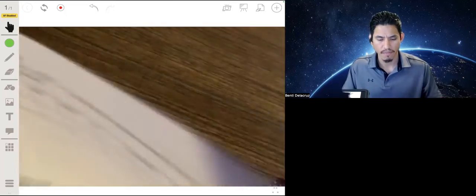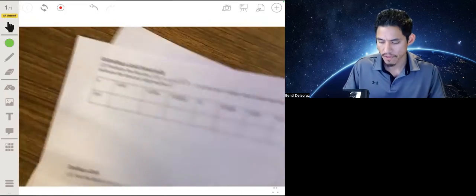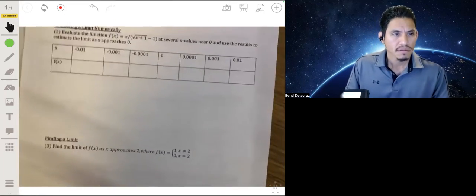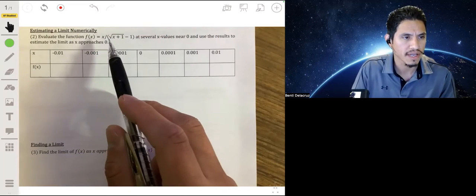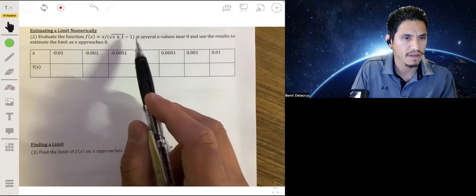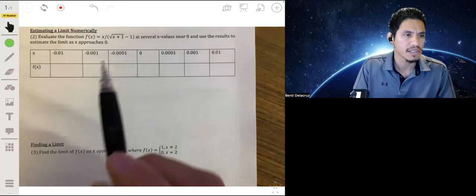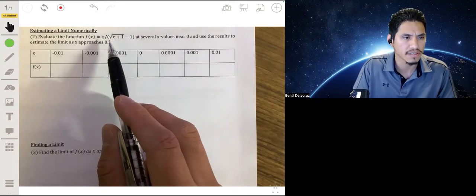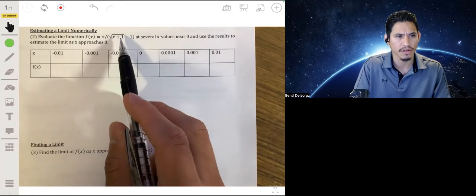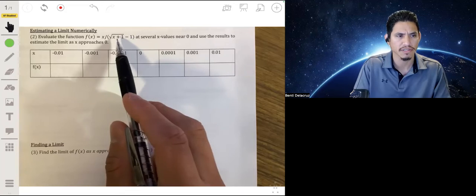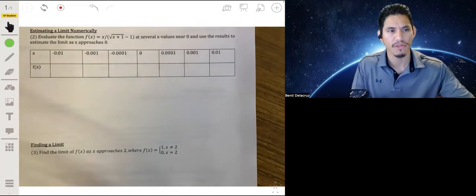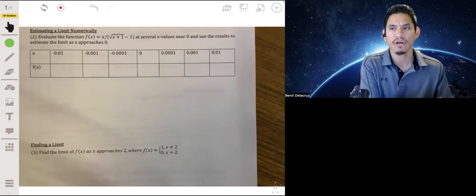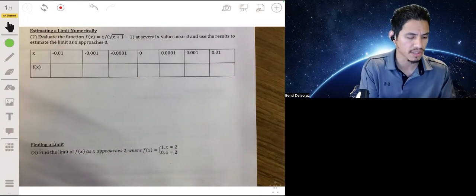Okay, so now let's look at another one. Let's say we have this function now: f of x is equal to x all over the square root of x plus 1 minus 1. Now, again, if we plugged in 0, we would get 0 over the square root of 1 minus 1, so we get 0 over 0, an undefined value. But we want to see what's going on as we approach 0.